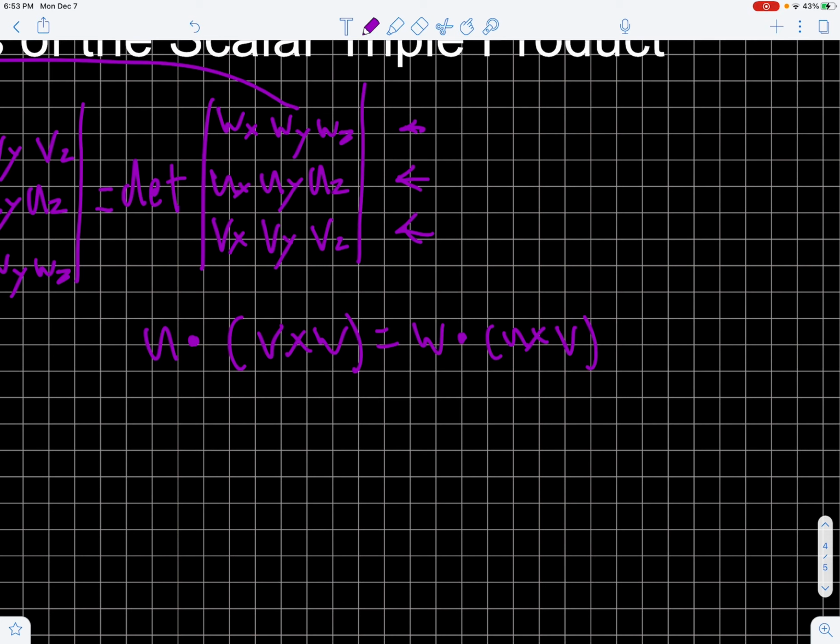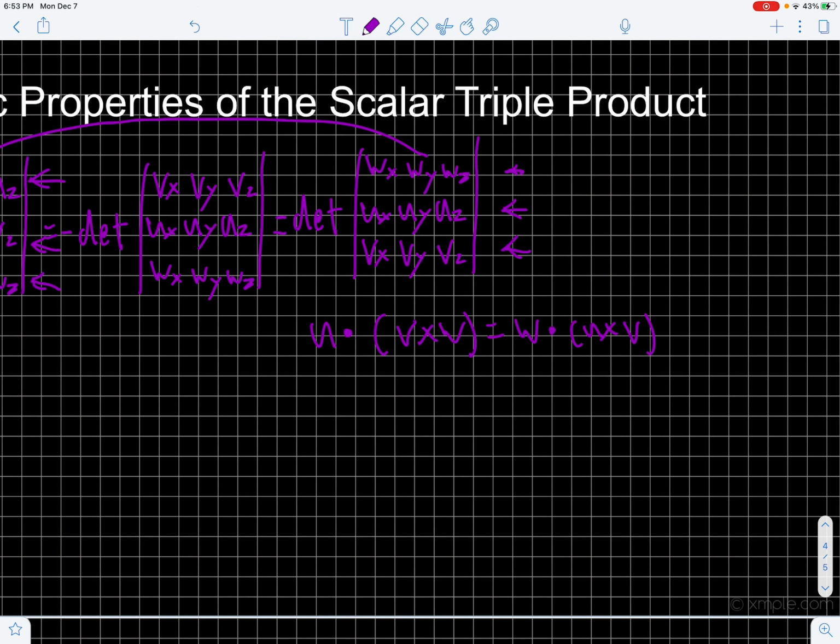And what do we do there? All we did was we moved everything to the right. We moved w to the right, which put it over here on the leftmost side. We moved v to the right, which put it over here in the rightmost side. And we moved u to the right, which put it here in the middle. And we can do that exact same thing again, and we get v dot w cross u.